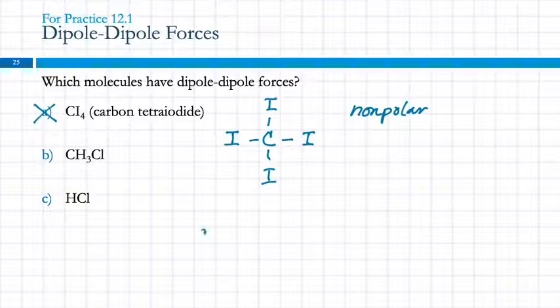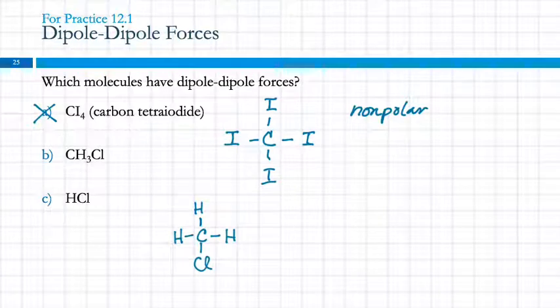Okay, CH3Cl. We have 3 hydrogens and a chlorine. Are there any lone pairs on the central atom? Nope. Carbon never has any lone pairs. Are all of the atoms bonded to it the same? No. The chlorine's different.